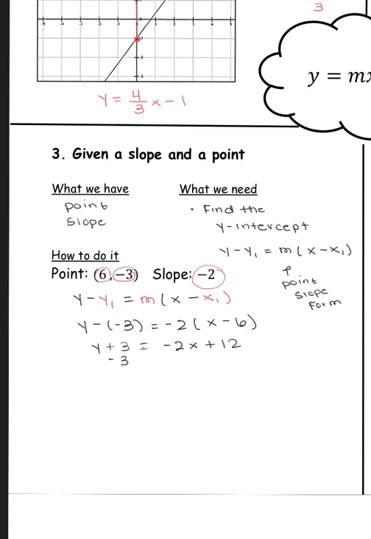I'm going to subtract 3 from both sides, and I get y is equal to -2x plus 9. So the equation for this line, given the point and the slope, is y equals -2x plus 9.